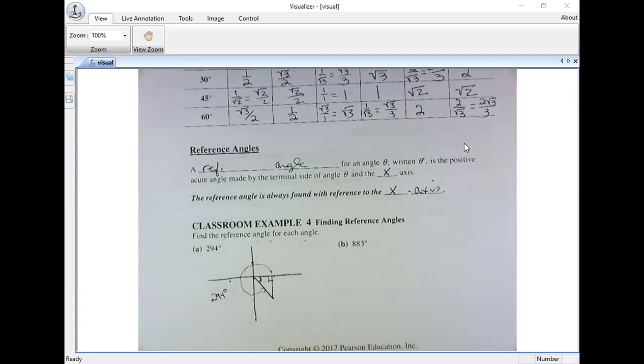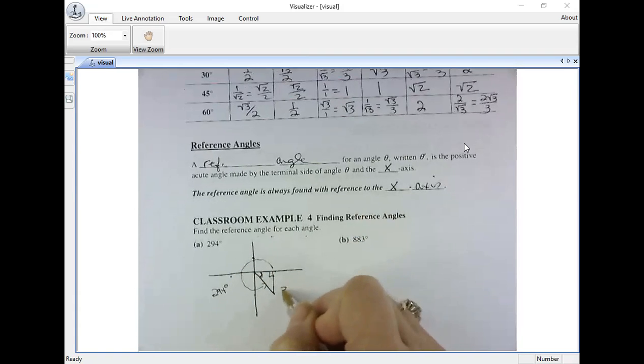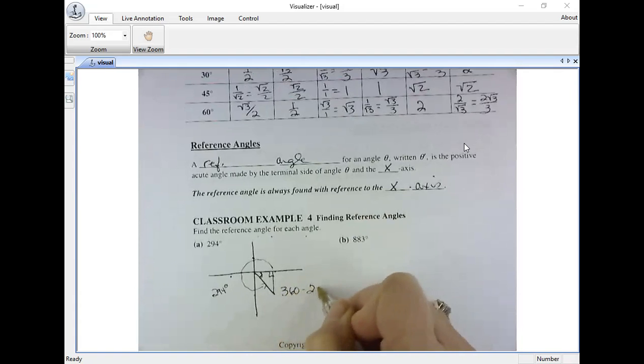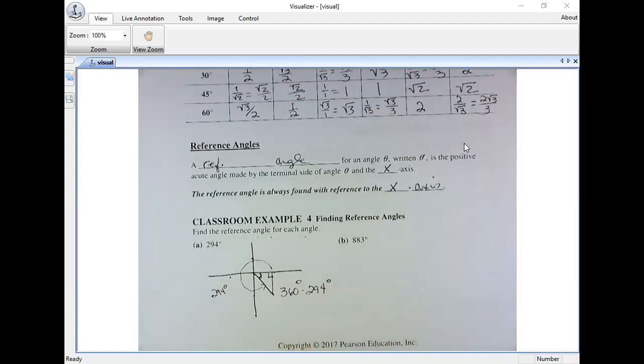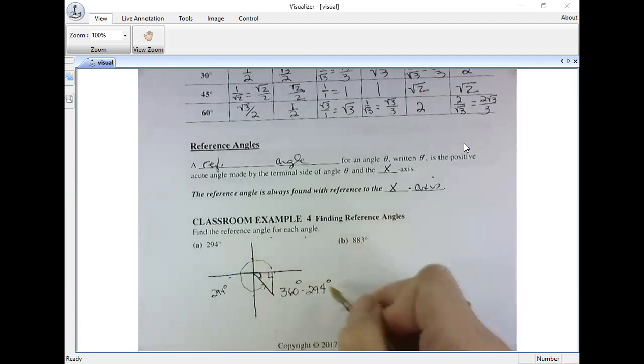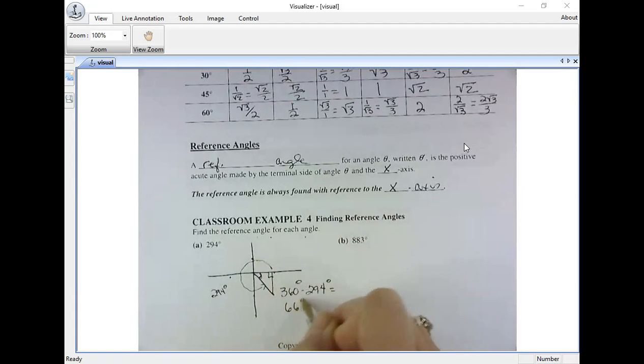And what would that reference angle be? Good, 360 minus 294, and that's going to be how many degrees? 66? Is that right? Okay, that's exactly how you would find it.